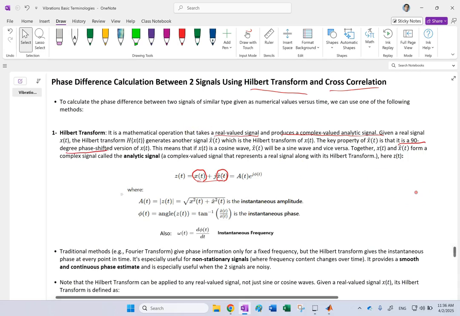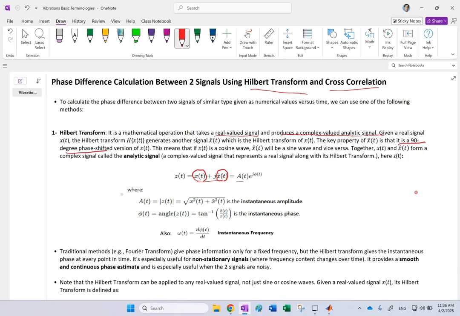And now you can, of course, write it in polar format too, where A is the magnitude of the signal and phi is the phase of the signal. If you write it this way, what's good about it is the magnitude of it is what we call the instantaneous amplitude of the signal. But what I care about in this case is to find the angle of it, which is the arctangent of x hat over x.